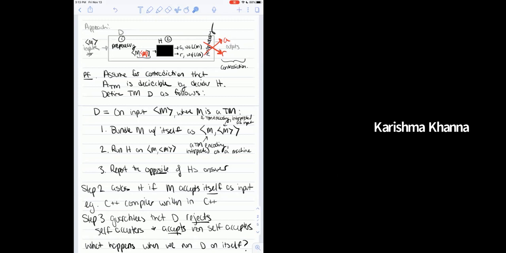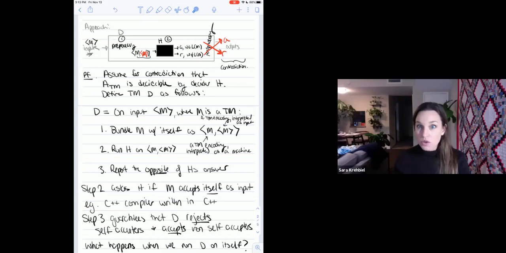So is the main point to construct this D that flips on itself, and we use D with the input M as a template for that? Yeah, right. D needs to be described not just for a particular input, but for all inputs. So this description says no matter what machine, bundle it with itself. For some machines, that might be fine.